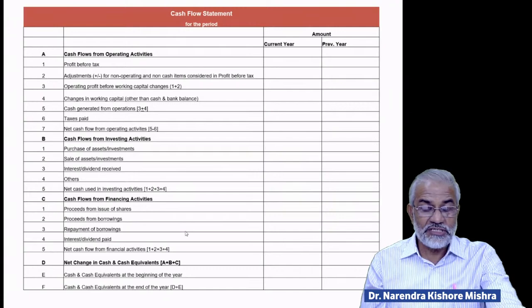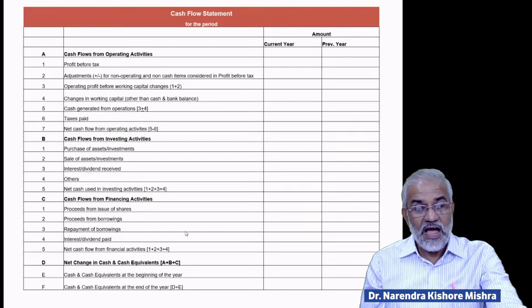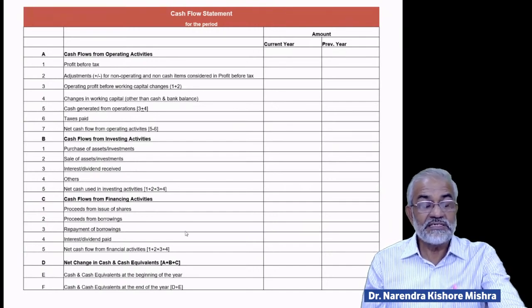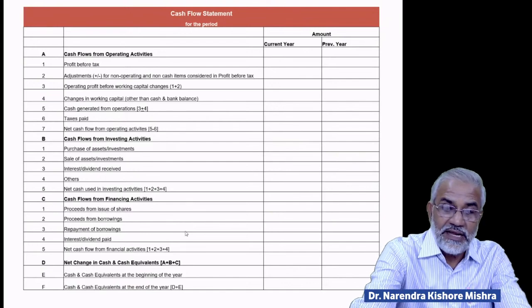When the opening cash and cash equivalent is added with the net inflow of cash from all the three activities during the year, or deducted by the net outflow of cash from all the three activities during that period, that will give rise to the cash and cash equivalent at the end of the year. And that figure, as reflected in the cash flow statement, must tally with the figures given in the balance sheet at the end of the year.